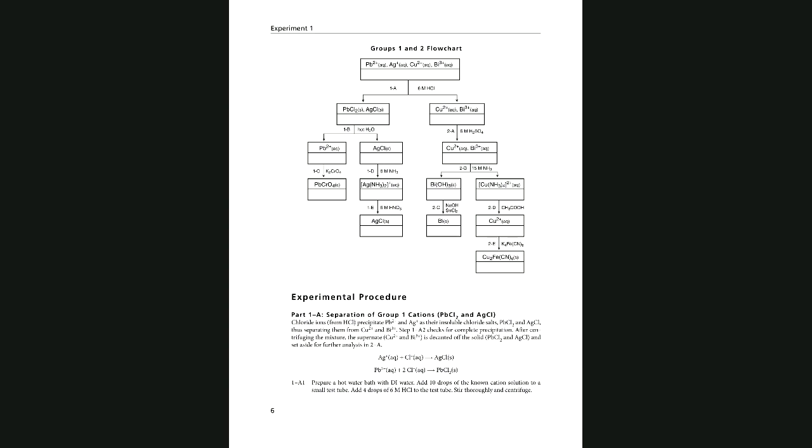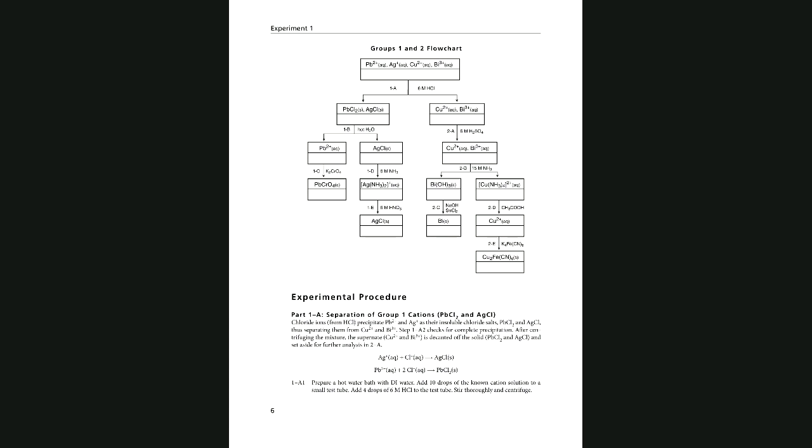When you add hot H2O to the precipitate, the silver chloride is going to stay in the solid form because it's indicated by S, meaning solid, insoluble, but lead is going to dissolve. Lead chloride is not stable in hot water, so it's going to dissolve in hot water. It changes to lead ion and chloride ion again.